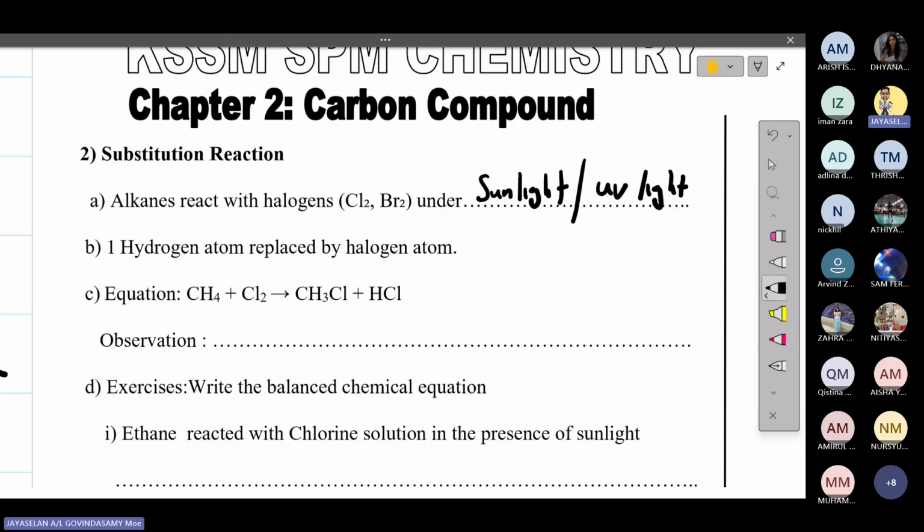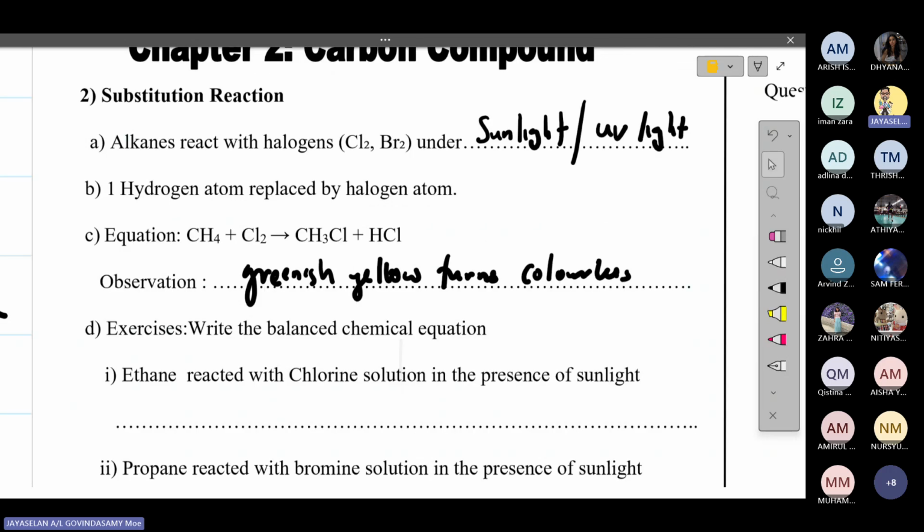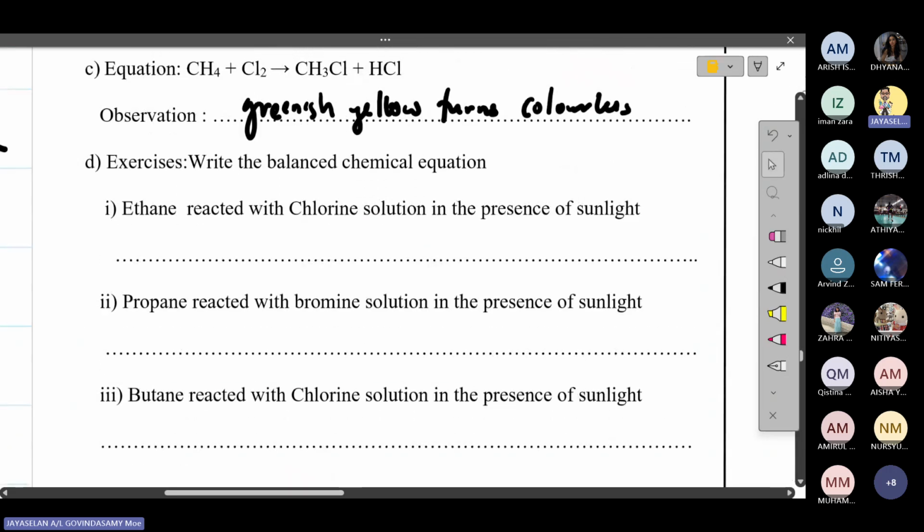One hydrogen atom will be replaced by a halogen atom. Observation: chlorine is greenish yellow solution, turns colorless. You already score 1 mark. Any question? No question.